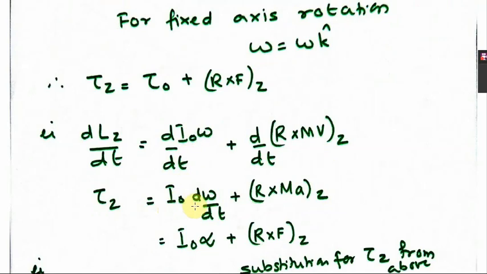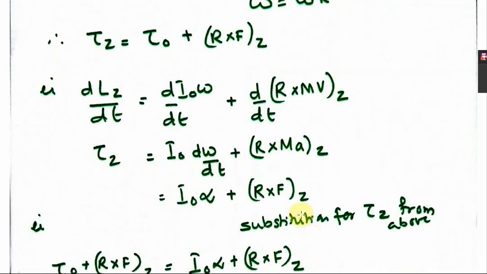So this becomes I0 into d omega by dt plus, R is a constant, so d by dt of mv. That is m into dv by dt. dv by dt is acceleration a. So this becomes R cross ma, the z component. So I can write tau z is equal to I0 alpha plus R cross F along z direction.